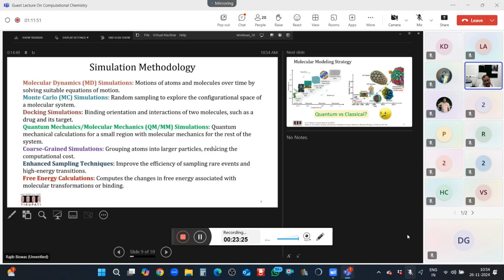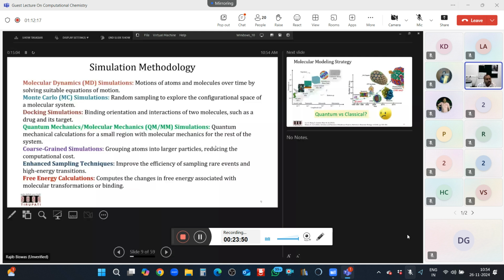Or maybe I have two small protein molecules immersed in a beaker of water, and I want to understand how likely they are to come together and form an association. You can scan the protein-protein interaction energy as a function of distance, and then you can find out that energy barrier, how much the protein binding energy is. That can also be done using these free energy calculations.